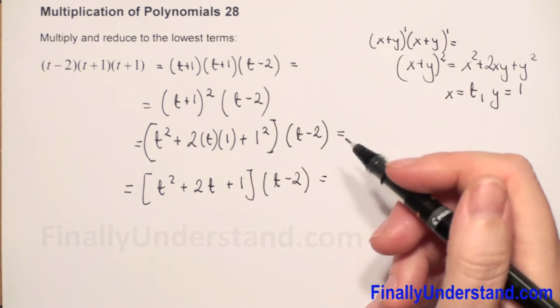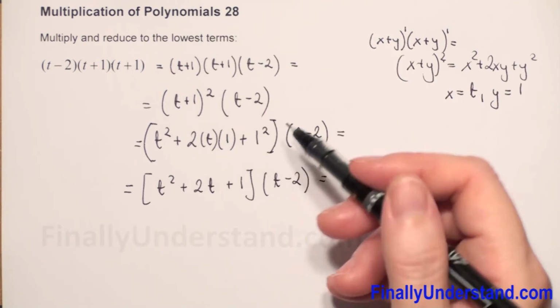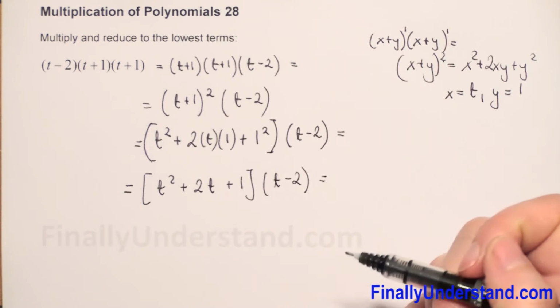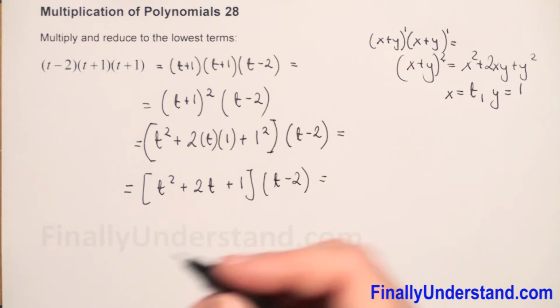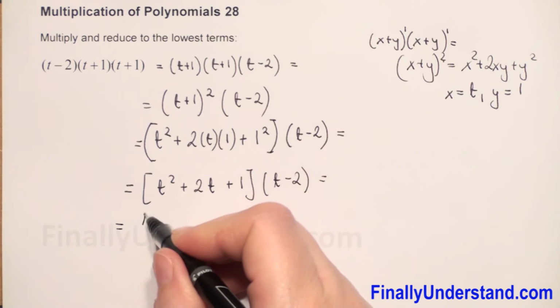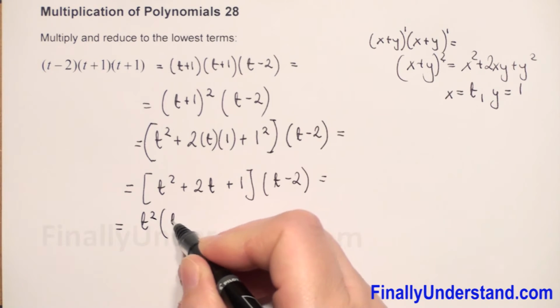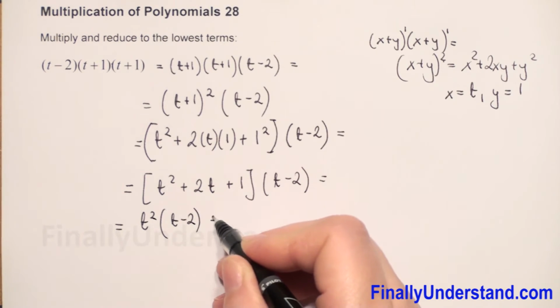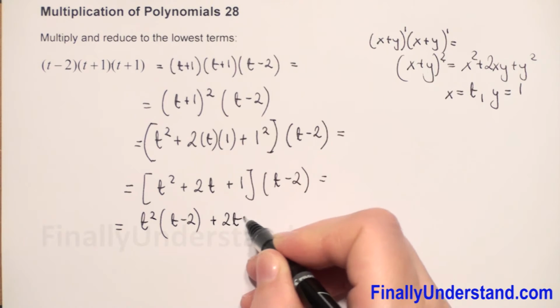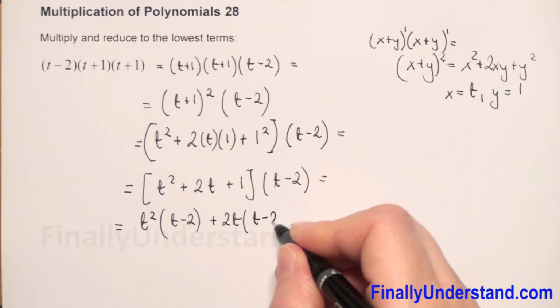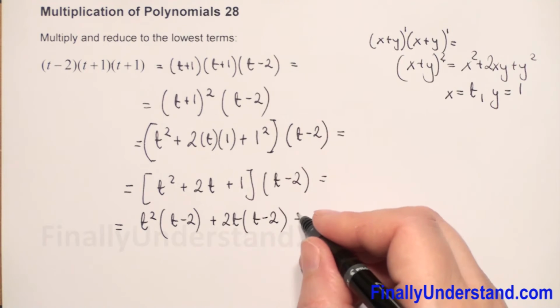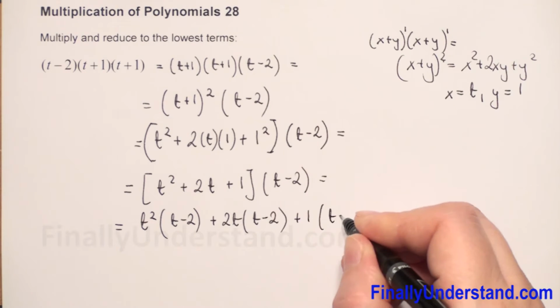Now we have to multiply every expression in the brackets by every expression in the parentheses. So this is equal to t squared times t minus 2 plus 2t times t minus 2, and the last is 1 times t minus 2.